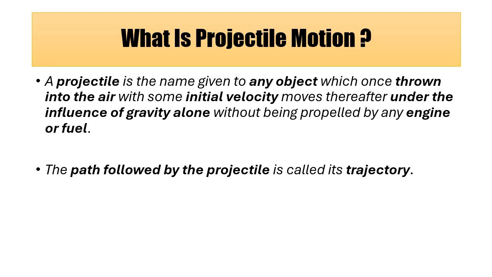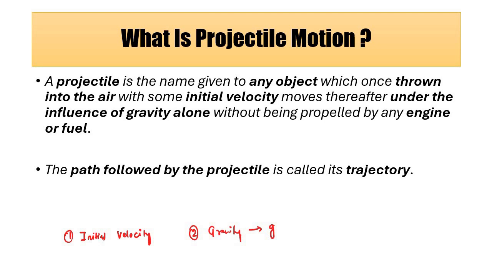First, the initial velocity with which the object is thrown into the air, and that is the first factor. And the second factor is gravity, g-force, acceleration due to gravity.